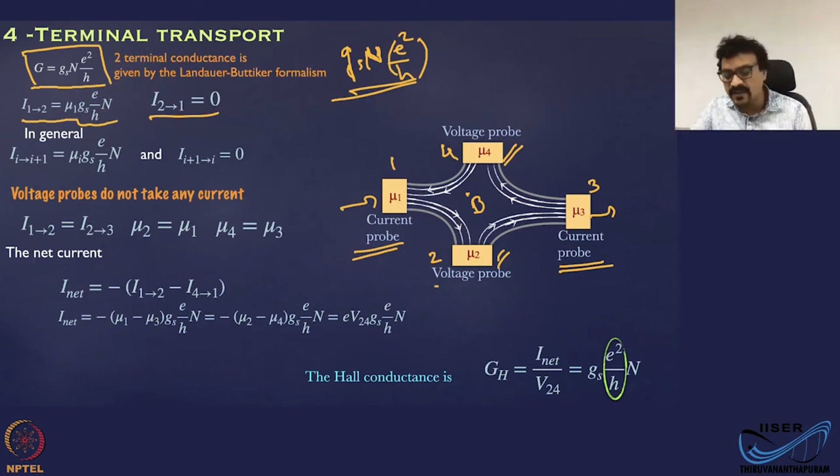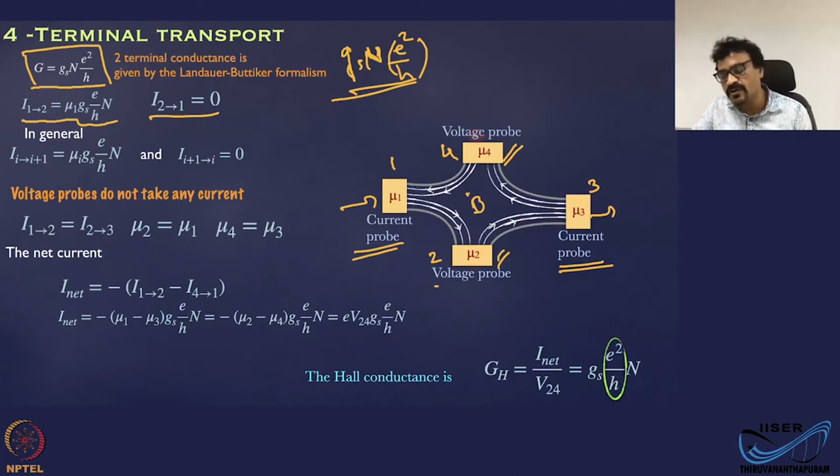Similarly, the current from 2 to 3 is whatever goes from 1 to 2. All this current will go from 2 to 3 because the voltage probe cannot take any current. Whatever is here, all those electrons will go to 3. But 3 to 2 is 0 because no current goes through this channel.